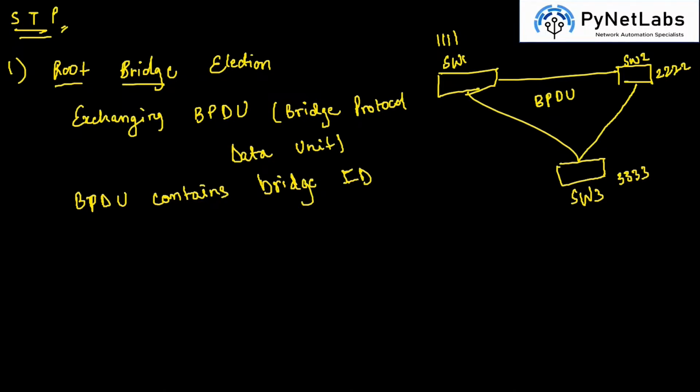So they exchange BPDUs and this BPDU contains the bridge ID. Now if we talk about the composition of the bridge ID, it is made up of a priority value and a MAC address.